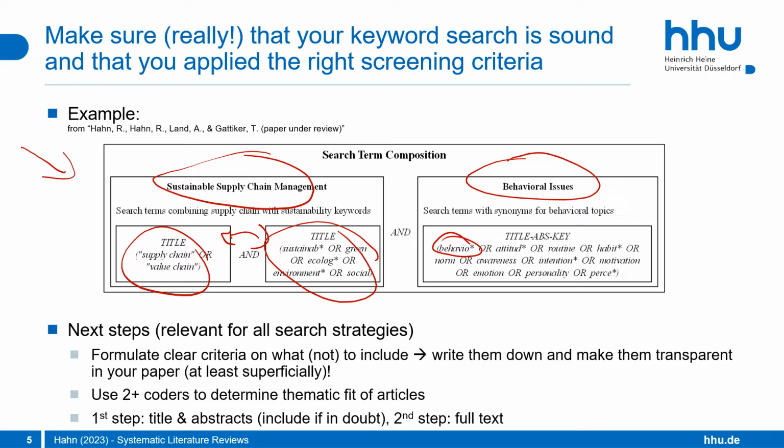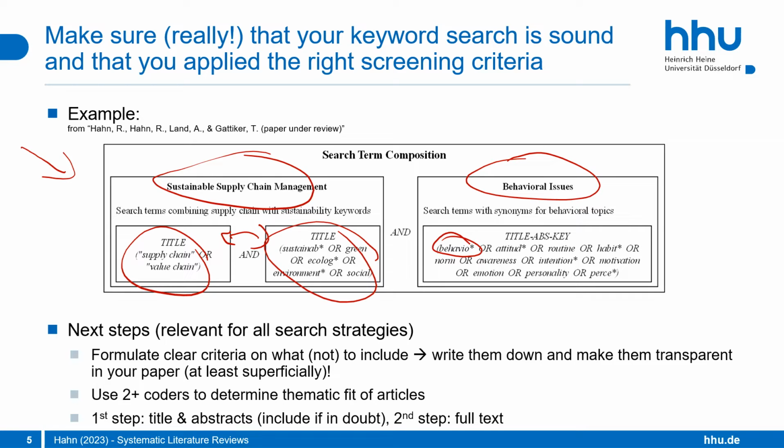Then the next advice is that you use two or more coders to determine the thematic fit of the articles. So don't do it alone, because I know from experience that different people make different interpretations with regards to topics, content, or whatever when judging the same article.